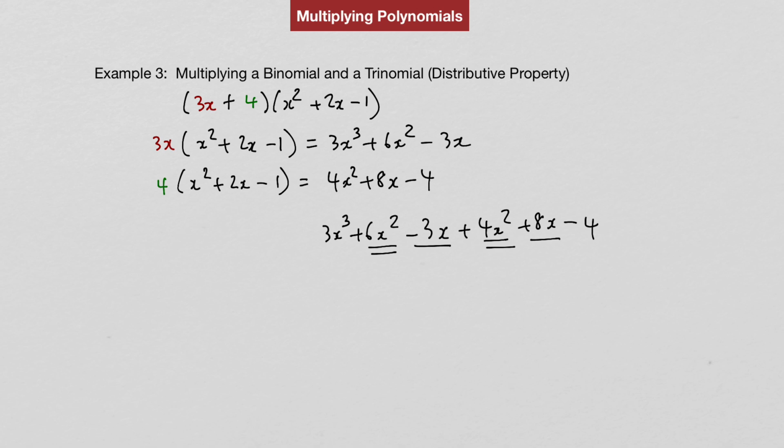When we do, we get 3x cubed plus 10x squared, since 6x squared plus 4x squared is 10x squared. Then plus 5x, which comes from -3x plus 8x. And then finally minus 4. And that is our answer.